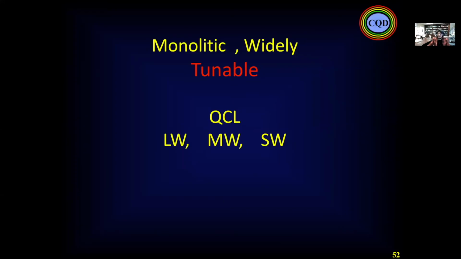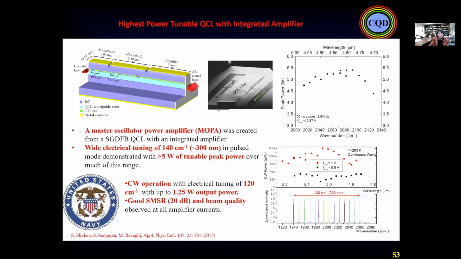So now we need not only high power single mode, but at the same time tuning. Why is tuning important for different applications? In order to come to the tuning, we tried to use sampled gratings, and with sampled grating 1 and sampled grating 2, we also used an amplifier at the same time. With that, we made the master oscillator power amplifier created from a sampled grating DFB QCL with an integrated amplifier.